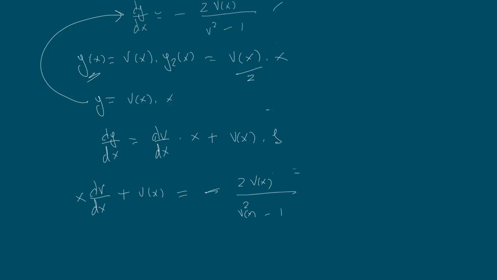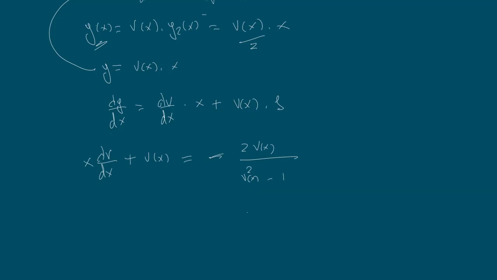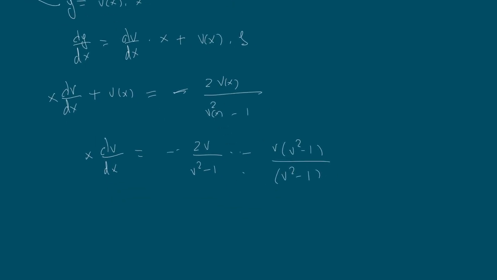Now, let's isolate the derivative of v with respect to x. So x times dv/dx equals minus 2 times v divided by v squared minus 1, minus v of x. Let's multiply by v squared minus 1 divided by v squared minus 1, and I have done nothing.